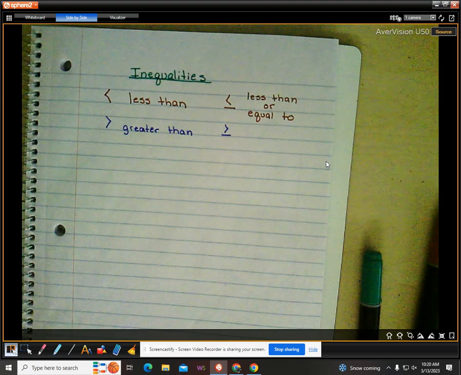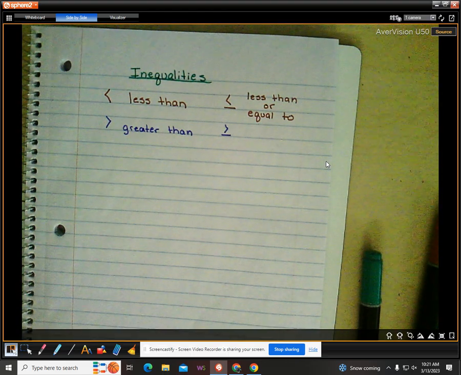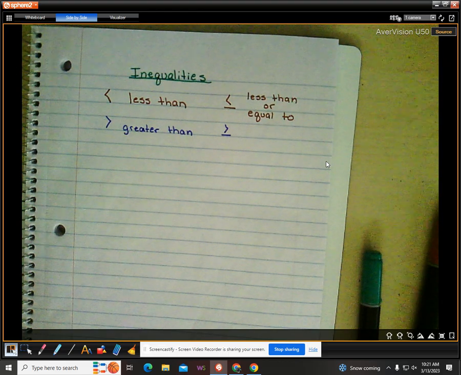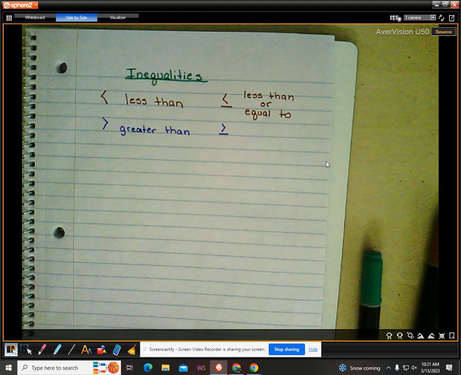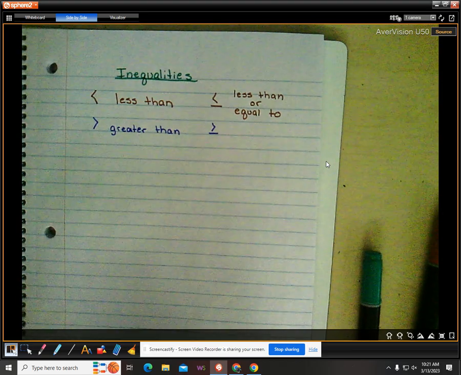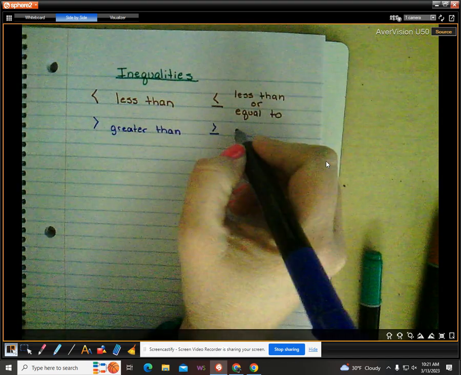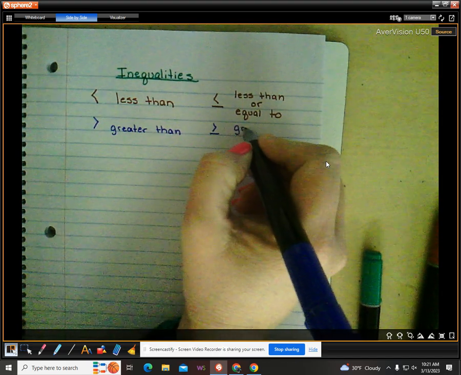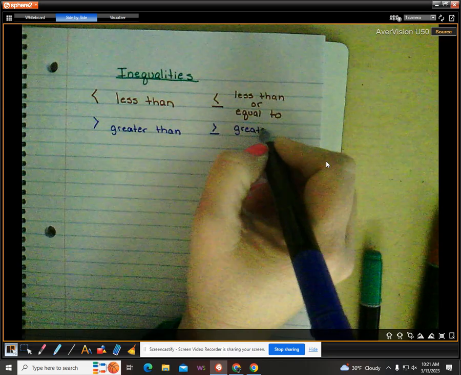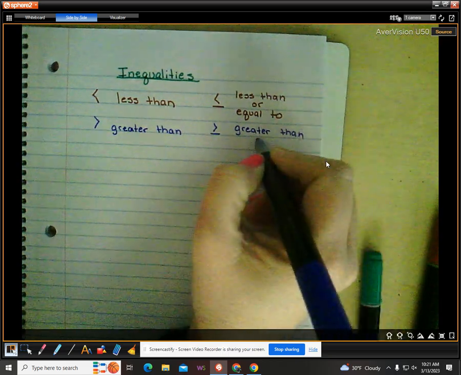Greater than or less than? No. You're on the right track. Use what we did just a few minutes ago. Jude? Greater than or equal to? Yes. So we've got part of the equal sign. So this one would be greater than or equal to.